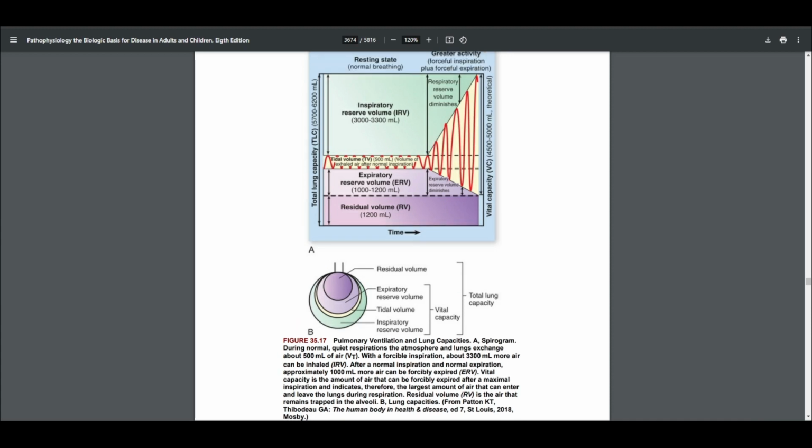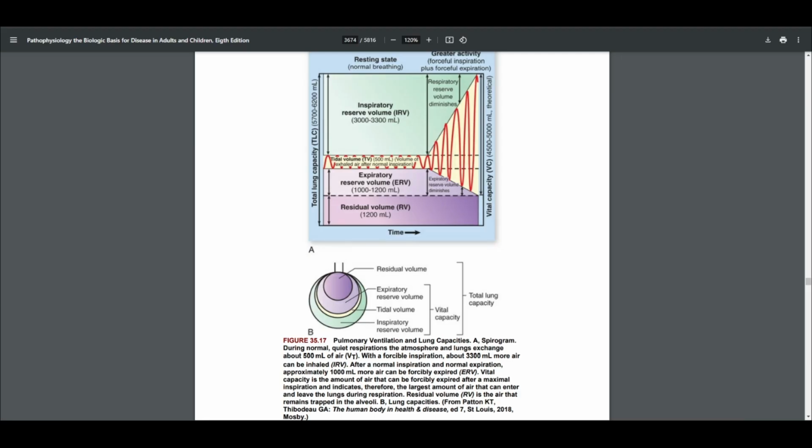So, looking at our figure here, your pulmonary ventilation and lung capacity. A spirogram during normal quiet respirations, the atmosphere and lungs exchange about 500 ml of air. With a forcible inspiration, about 3,300 ml more air can be inhaled.